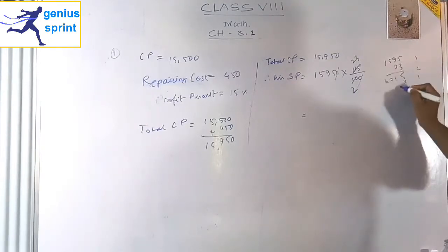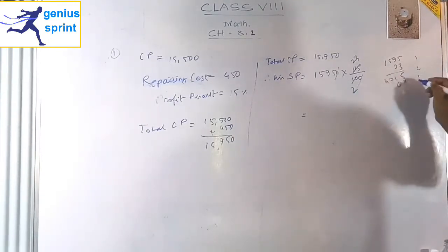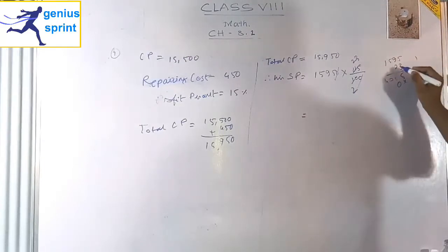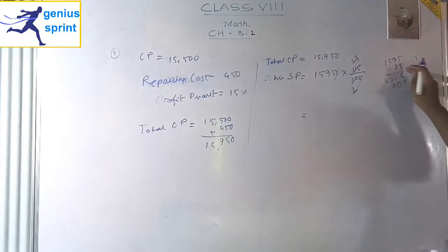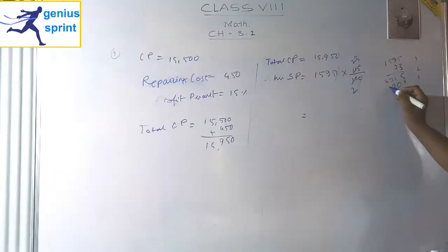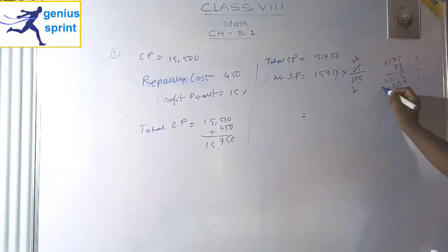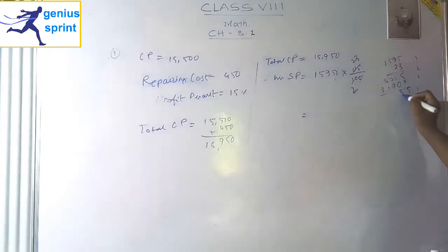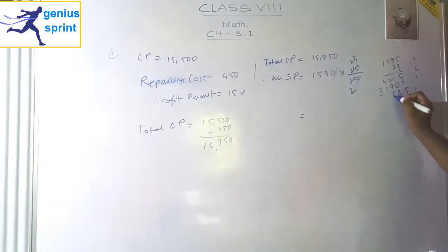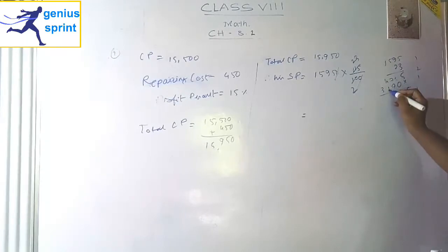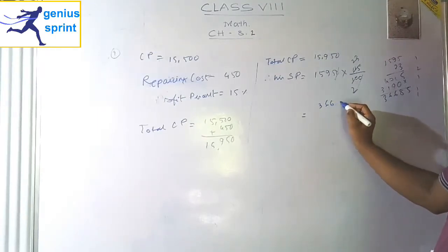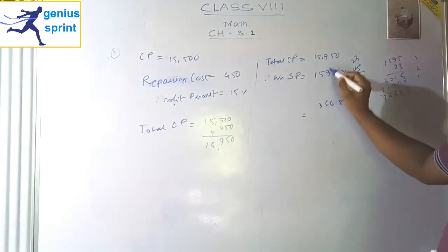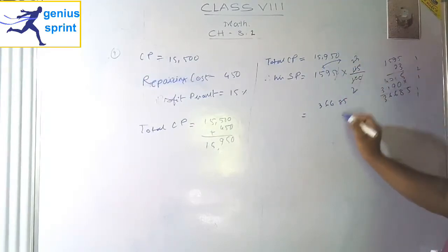Okay, so 2 5s are 10, 0 carry 1, 9 2s are 18 and 1 is 19 carry 1 again, 2 5s are 10 and 1 is 11, 2 1s are 2 and 1 is 3. So it is 36685.